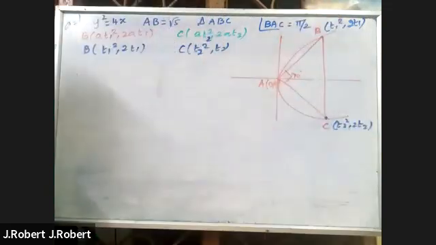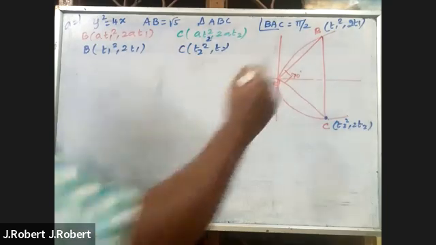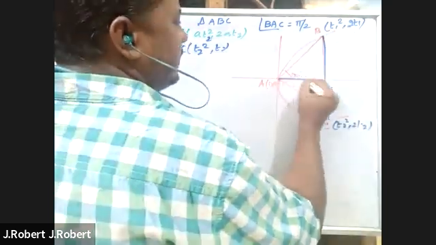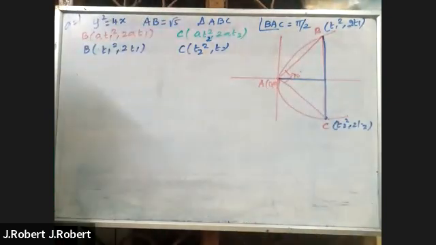Now we know the points of all 3 vertices. We have the 3 vertices for triangle ABC, and we have to find the area of the triangle. What is the area formula? Base into height.